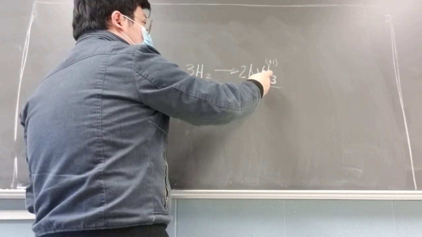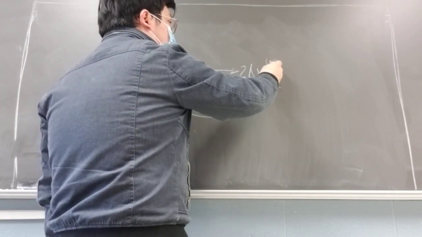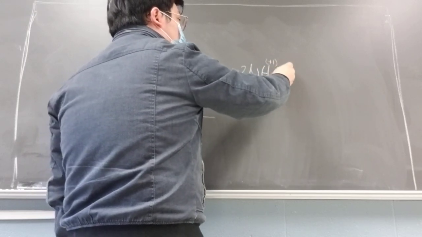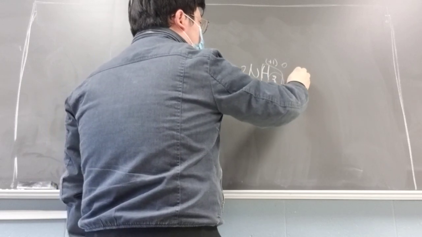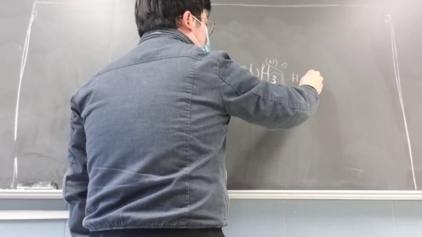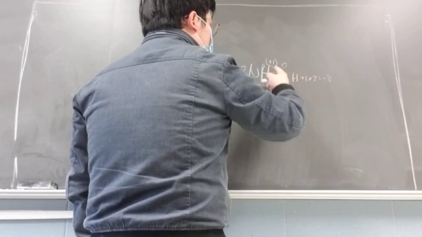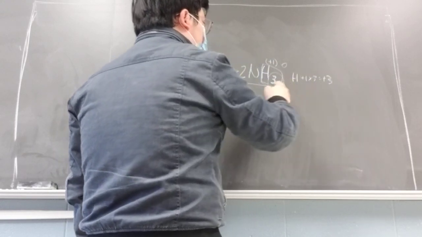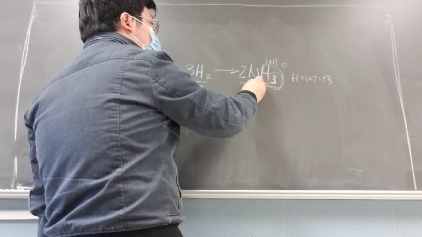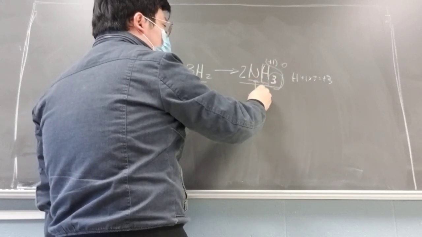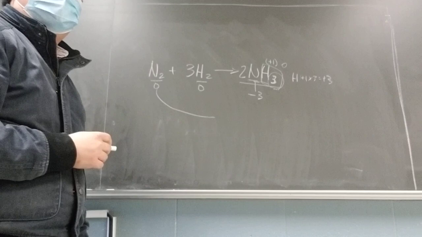And it's neutral. So this hydrogen is +1, but there are 3, so there will be in total +3 oxidation number in this part. But the sum has to be 0, and there is only one nitrogen, so it has to be -3.